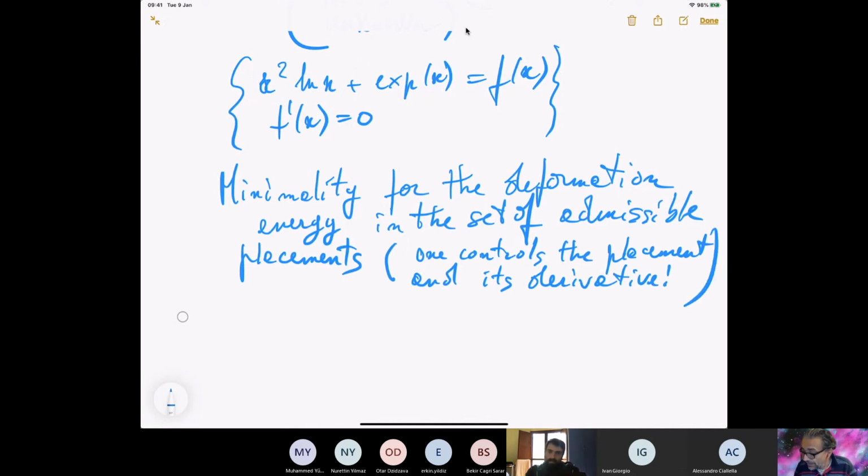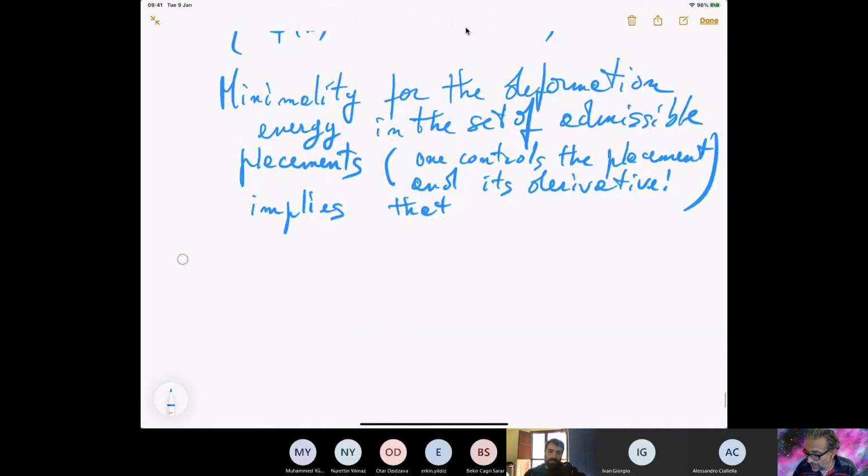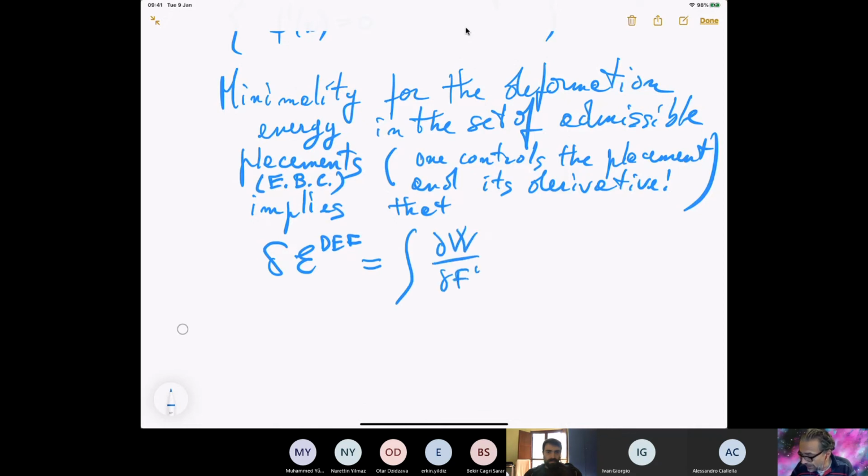Okay. Implies that the first variation of deformation energy, where we have essential boundary conditions which are imposed, is given by dW over dphi_i delta phi_i. And this has to be equal to 0 for every delta chi i.